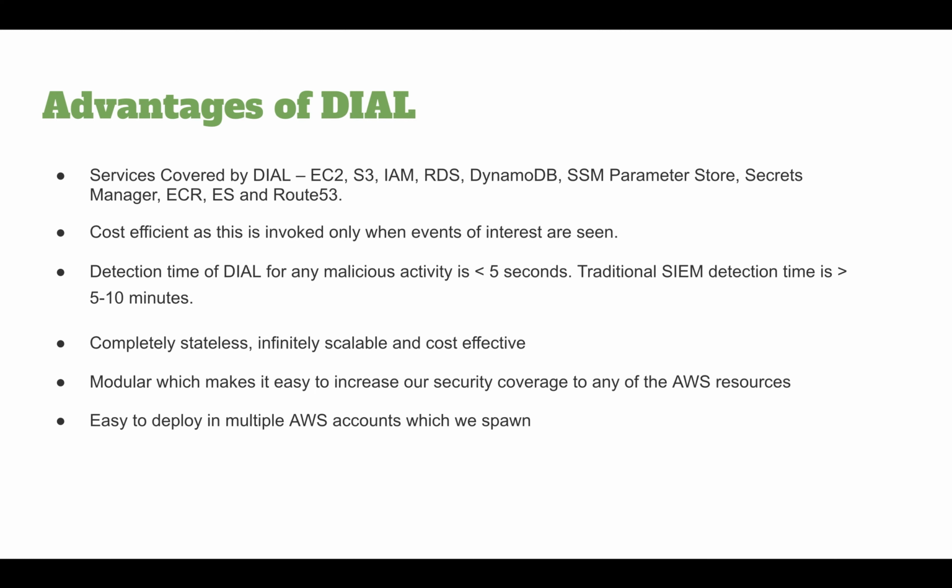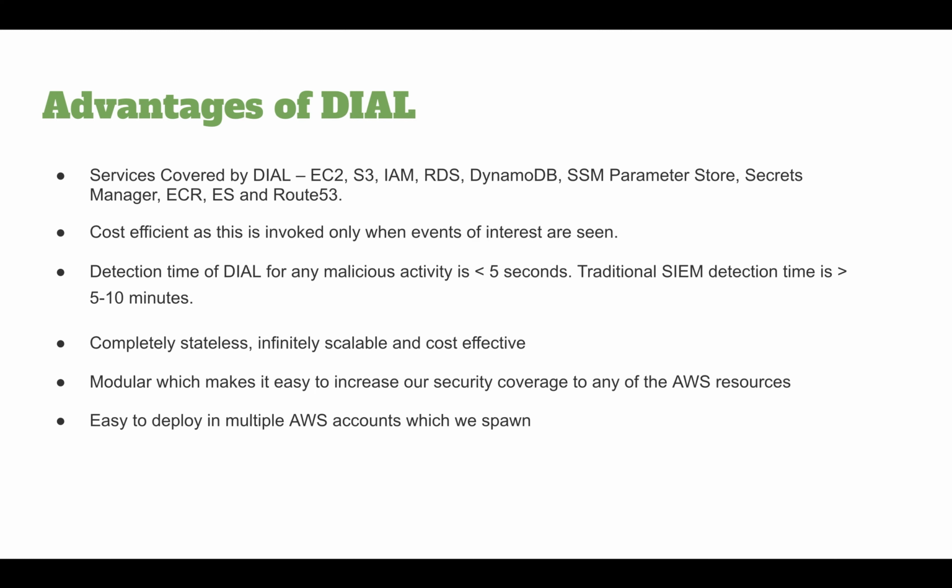What you define as an anomaly might not be an anomaly for me, so we can modify it in a very precise manner to make sure that it just spits out the right kind of information. And this is very cost efficient compared to any commercial tool because it is invoked only when events of interest are seen. So it will not be invoked on all kinds of API calls.